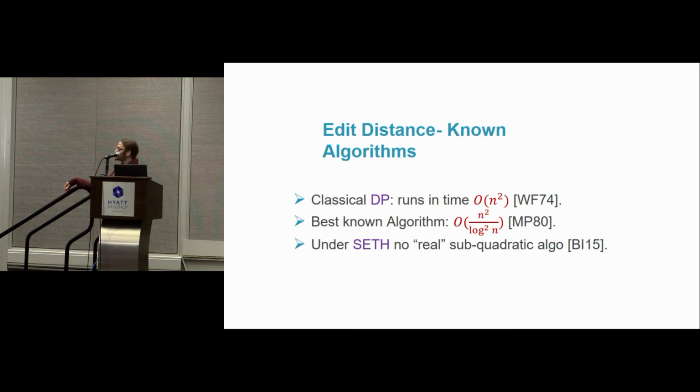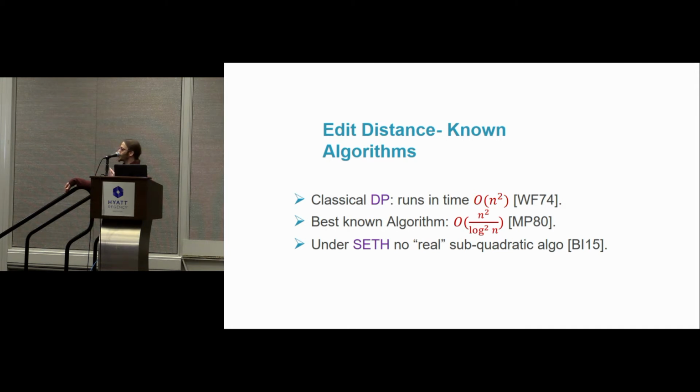And actually, if you believe the strong ETH, then there is no such algorithm. I don't want to get into this. The takeaway message is that this is hard, and roughly the best you can do is quadratic time to solve the exact problem.